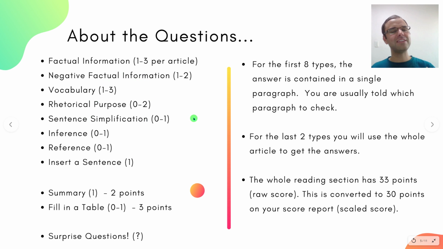So that means that the whole article is worth 11 points, no matter what. Now, that means the whole reading section has 33 points. This is called the raw score, and this is converted to 30 points on your score report, which is called the scaled score. I'm going to talk about that conversion more in just a moment.